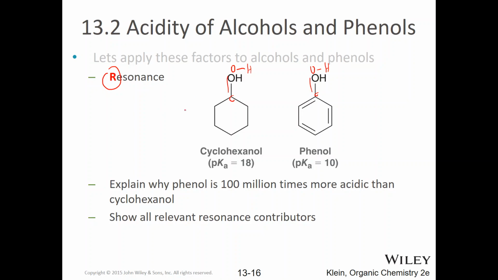If we abstract the proton off of this one, and we abstract the proton off of this one, we're going to be left with phenoxide. Can you read my writing? And over here, we'll be left with cyclohexanoxide.